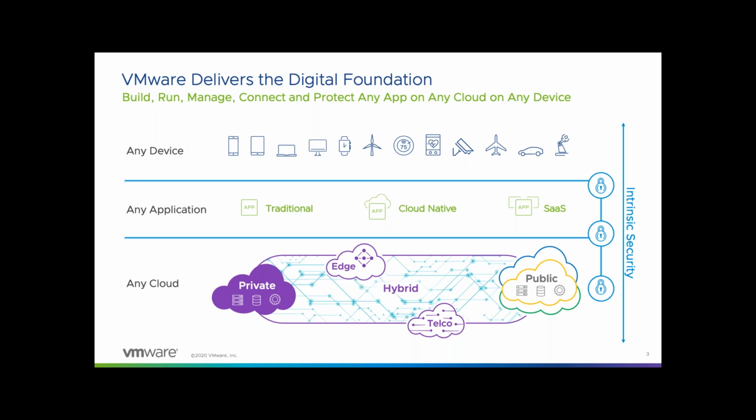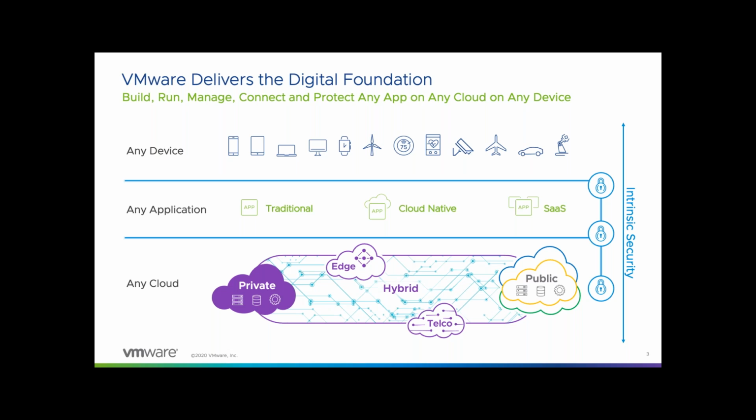First of all, let's look at how the digital foundation enables you to build, run, manage, connect and protect your apps across any cloud and deliver them to any device. Most of you have probably seen this slide before. Any cloud means we want to give you the choice to operate whichever cloud environment best meets your needs, run your apps across hybrid, edge, and public clouds while managing complexity, cost, and security, and also take advantage of newer environments such as telco clouds and 5G.